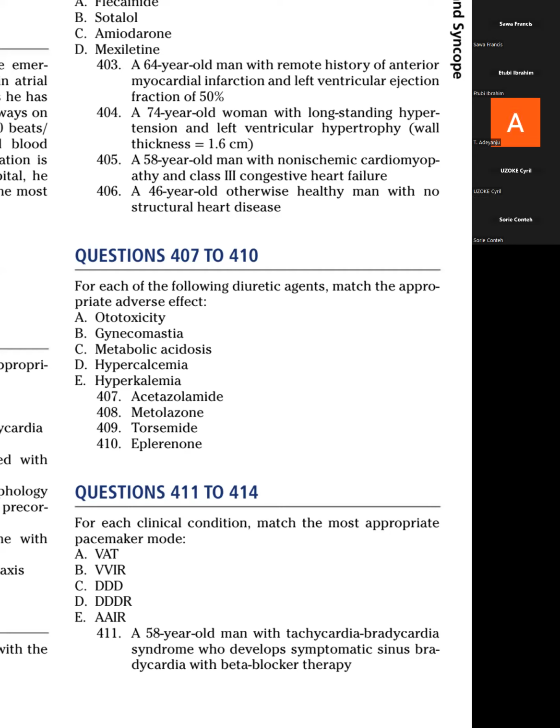Looking at the options, the most appropriate to use in this type of patient is the DDDR, where DDD stands for dual chamber pacing, dual sensing, and the third D stands for it can either trigger or inhibit, and then there's a rate modulation because of the risk of an atrioventricular block. So the answer to 411 will be option D.